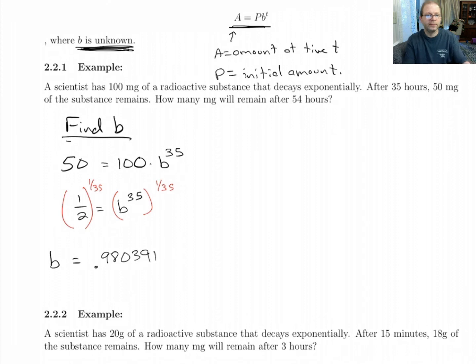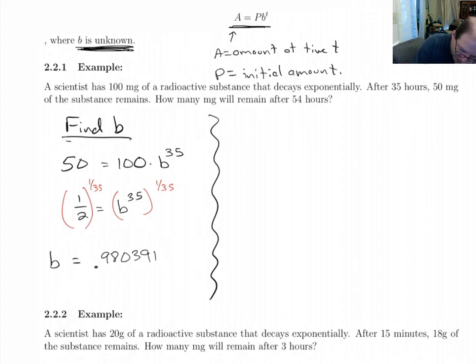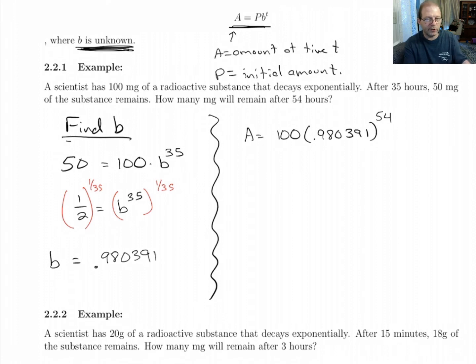That's close enough. But then it asks how many milligrams will remain after 54 hours. So I've got to use the equation again: A equals P times B to the T. I'm just going to take the amount that's on my calculator here and raise it to the 54th power.